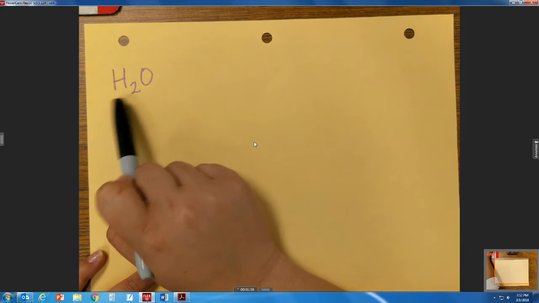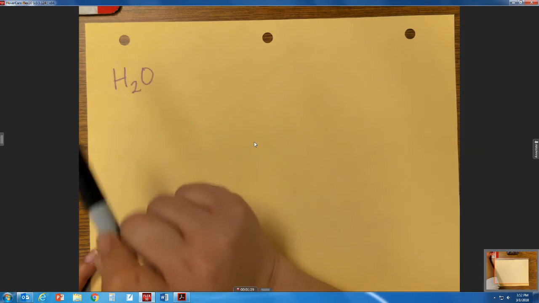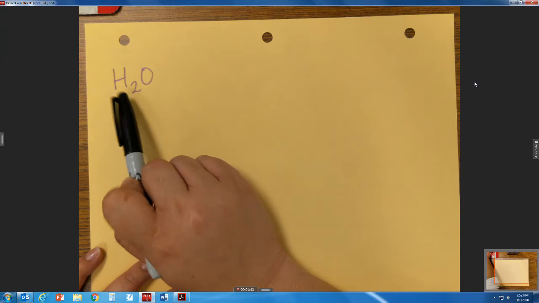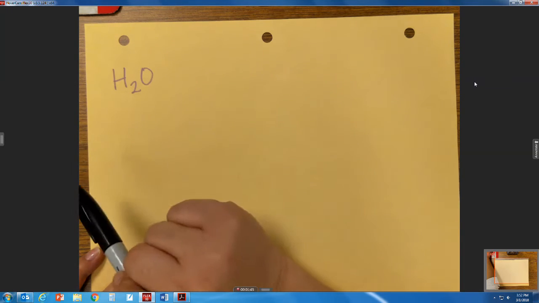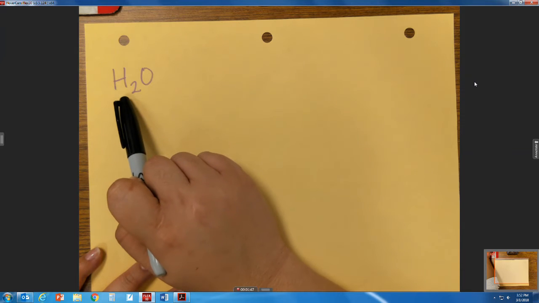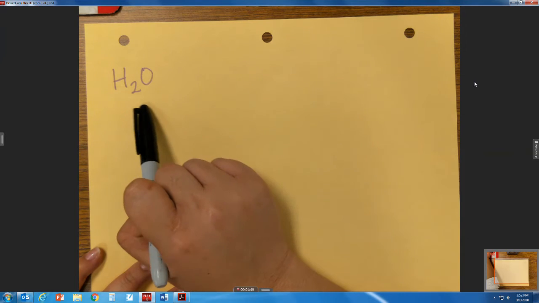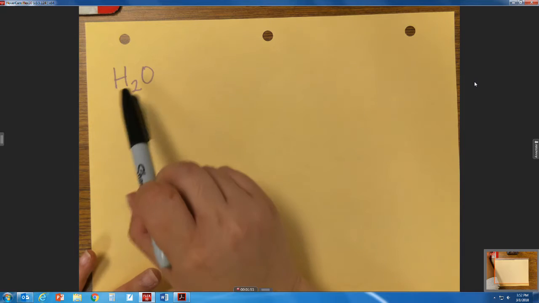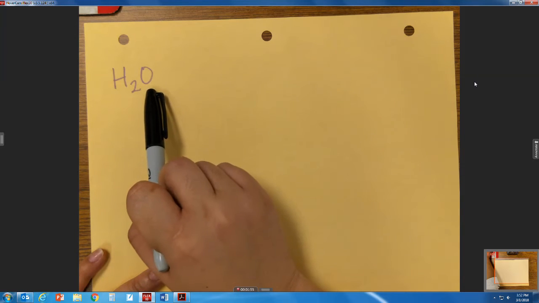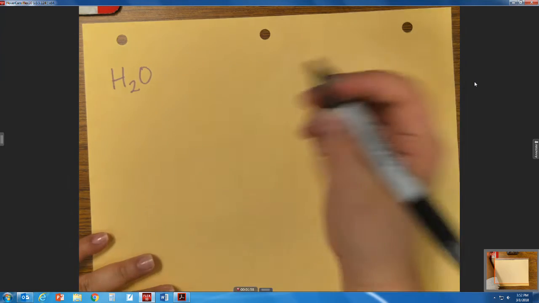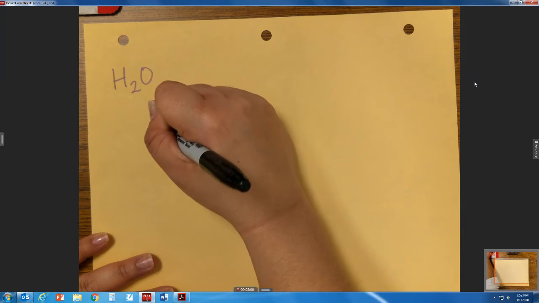So in this case, it's hydrogen, but you guys should know that one of our rules is that hydrogen cannot be the central atom. So because hydrogen can't be the central atom, we're going to have to use the next element, which is oxygen. So oxygen is going to be our central atom.